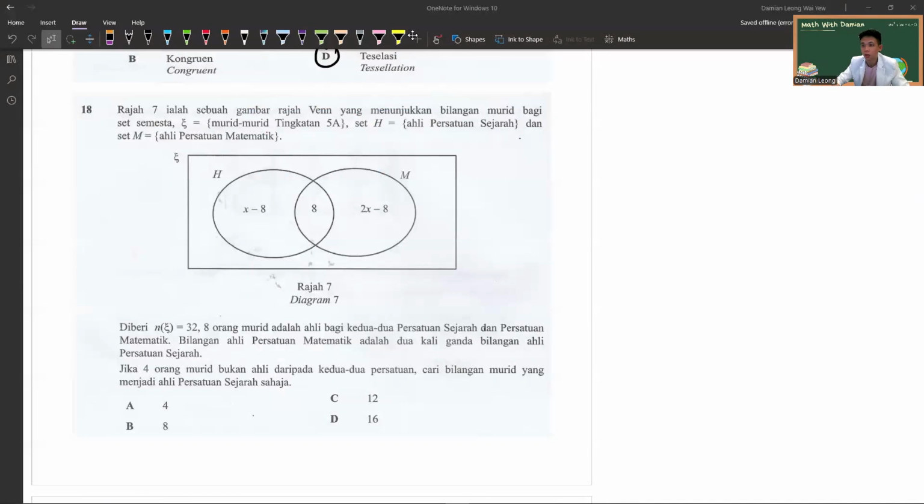Then question 18. The universal set is students in form 5A, and I'm given 32 of them. There are 32 students in form 5A. 8 of the students are members of both the history society and math society.